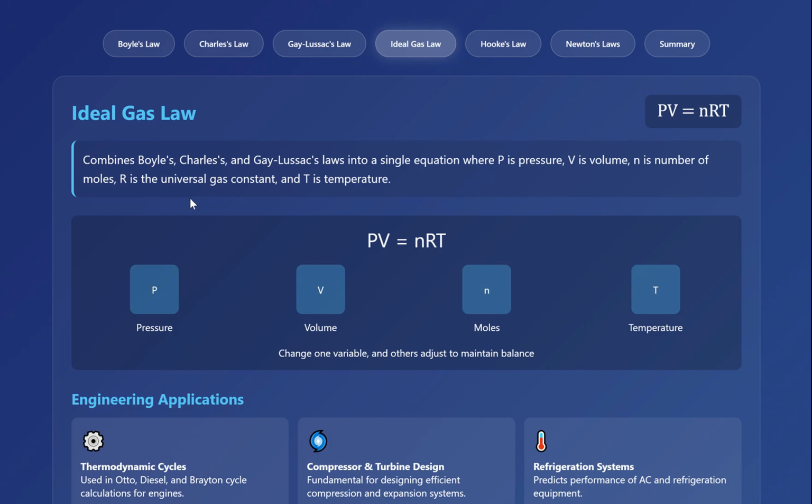You will understand that one, don't worry. Then R is the universal gas constant, and T is the temperature. In this law, he obtained that PV is equal to nRT: the number of moles times the universal gas constant times the temperature.